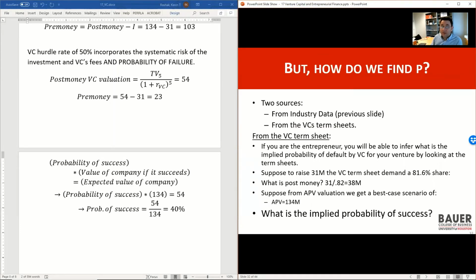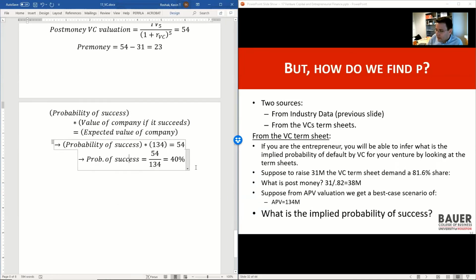The VC is promising to put in so much money, and in exchange, they get a share of the company. You can put those two things together to figure out the implied valuation of the company, and then use that implied valuation, compare that to your APV valuation to get the probability of failure, just like we were doing here.